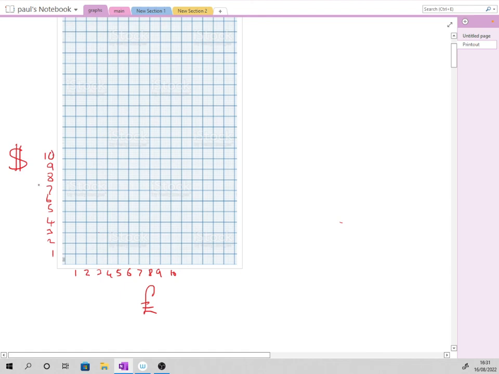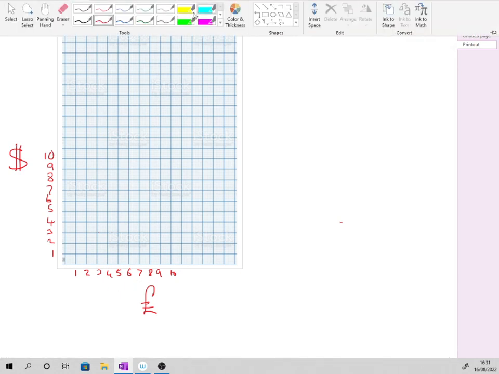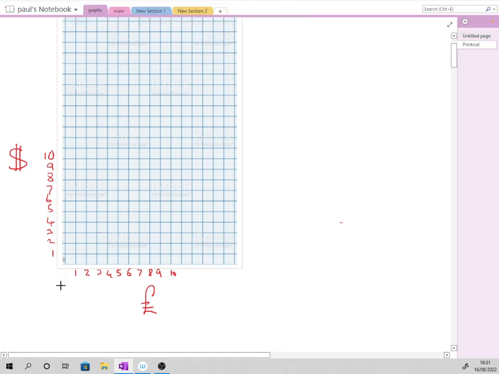And they don't tell you what the conversion rate is. So all they do is we'll have a line. So let's have a line on there. And what we're going to do is go from there, and we'll say that £10 is going to be something like that. Yeah?